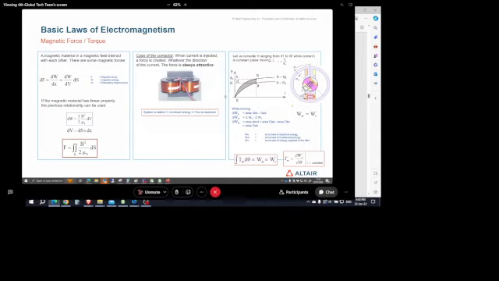So at the end of the day, this is what we want to do with the Park model. We always try to supply the stator, and we always try to know the position of the rotor in order to have always this angle between the stator and the magnetic field produced on the rotor. And then we try always to maximize that torque. So when there is this magnetic energy variation, we are going to create the force and the torque.